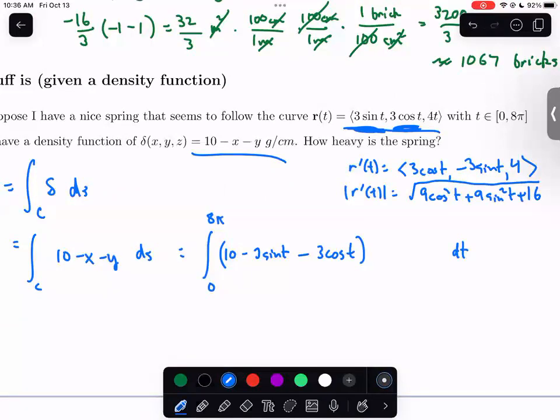Again, if you factor out the 9 from the cosine squared and the sine squared, well, that's just 1. So you're going to have 9 times 1 plus 16, that's root 25, which will be very nice to us. It's just 5. So in this case, my ds is equal to 5 dt.